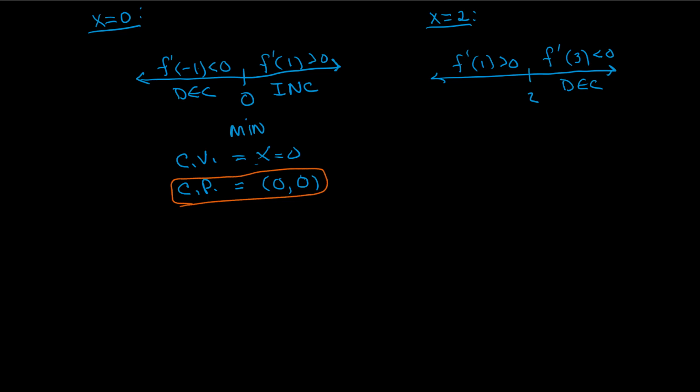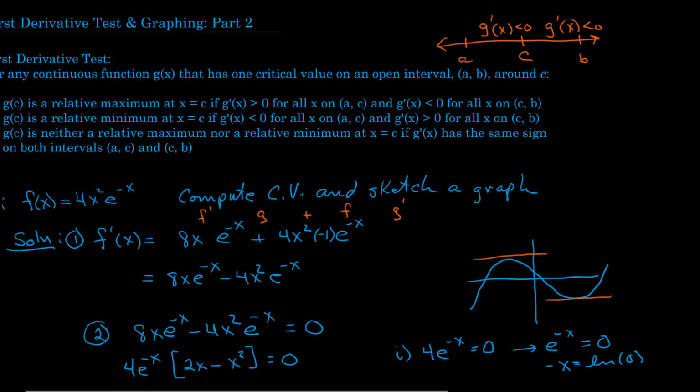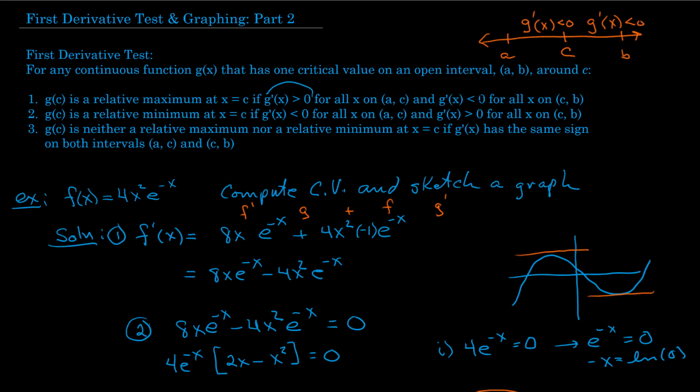Whereas to the left of 2, it's going to be increasing. If you go from increasing to decreasing, we can go back up and reference our first derivative test information. If it goes from increasing to decreasing, that gives us a maximum.